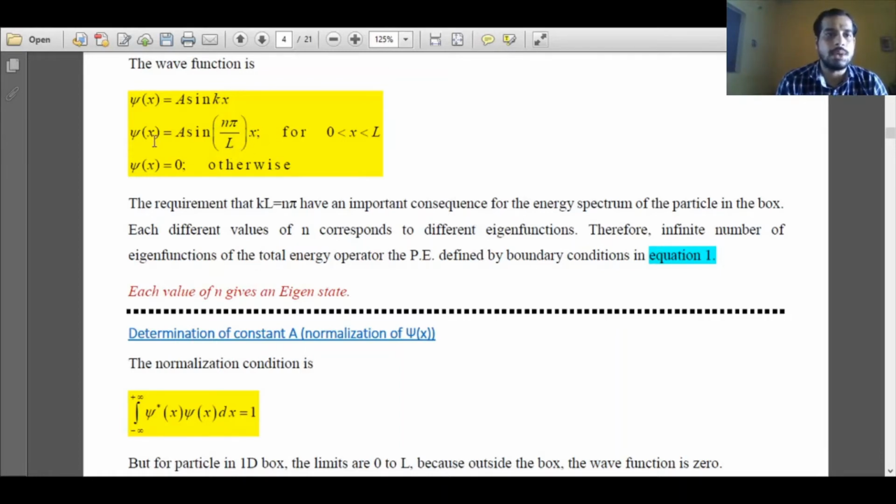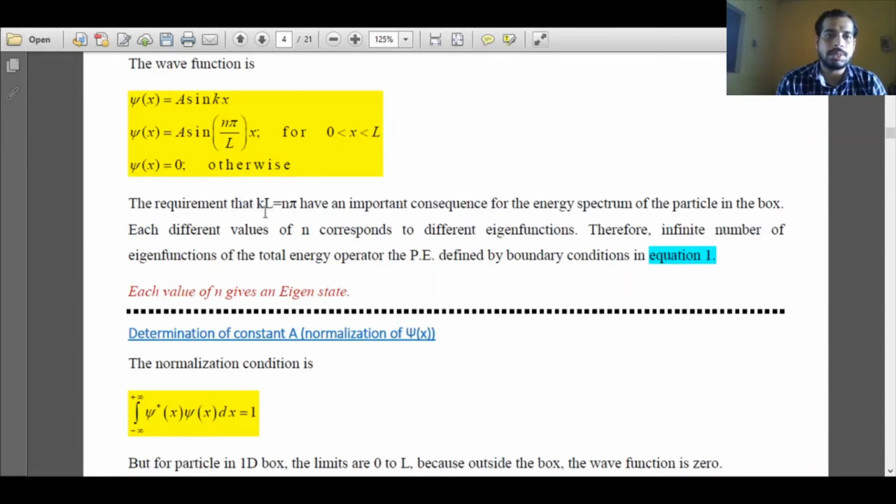This wave function is valid in the region where x is between 0 and L. When x is less than 0 or greater than L, this wave function is not applicable. So our wave function for the quantum mechanical particle in region 2 is a sin n pi over L x, and the wave function is 0 when x is less than 0 or greater than L.